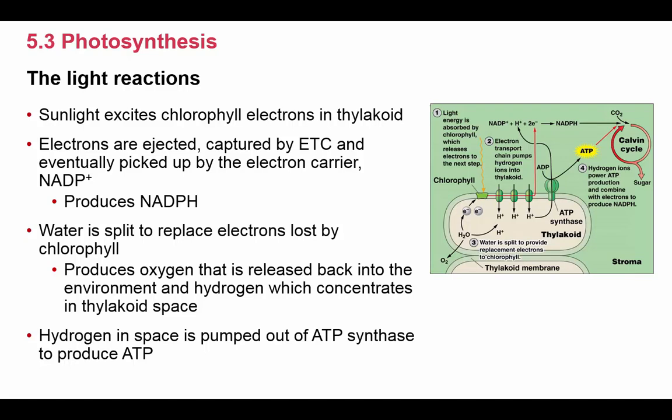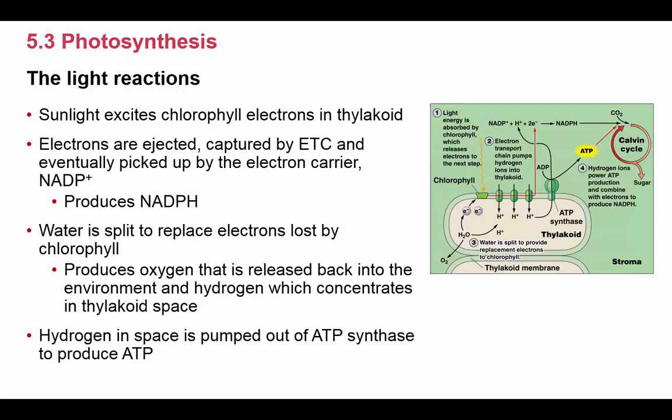The third thing that happens is water gets split. The reason it splits is it's got to replace the electrons that the chlorophyll lost. And so the oxygen of water, the O of H2O, is going to be released into the environment. So that's where one of the products of photosynthesis, oxygen, is released.